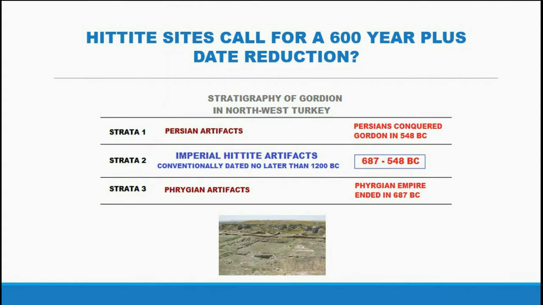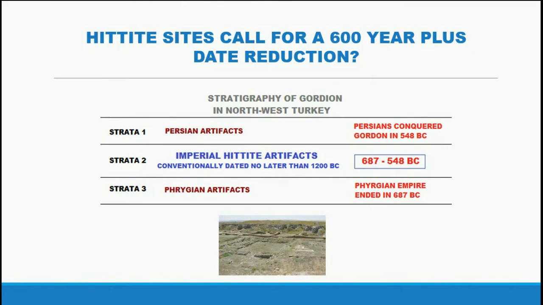The strangest comes from the city of Gordian, which gives its name to the tale of the Gordian knot, which the problems of revised chronology can be likened to. Its top strata contain Persian artifacts, and we know from history that the Persians conquered Gordian in 548 BC. The third stratum down was identified as belonging to the Phrygians and dated to the 8th century BC.